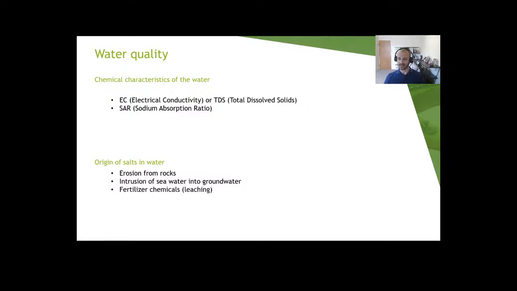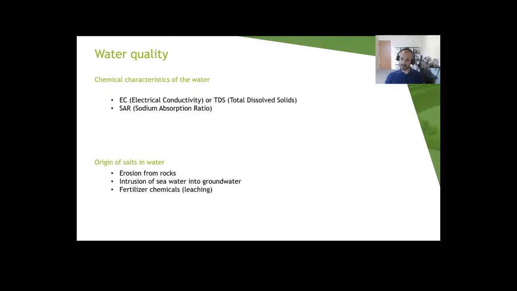Or also chemical characteristics, so in this case we will talk about electrical conductivity and sodium absorption ratio. What is the SAR? It's an equation, a parameter, a mathematical operation, but to make it simple, it assesses if your levels of sodium in the water can cause toxicity to the plants, so can cause a stress, a problem.